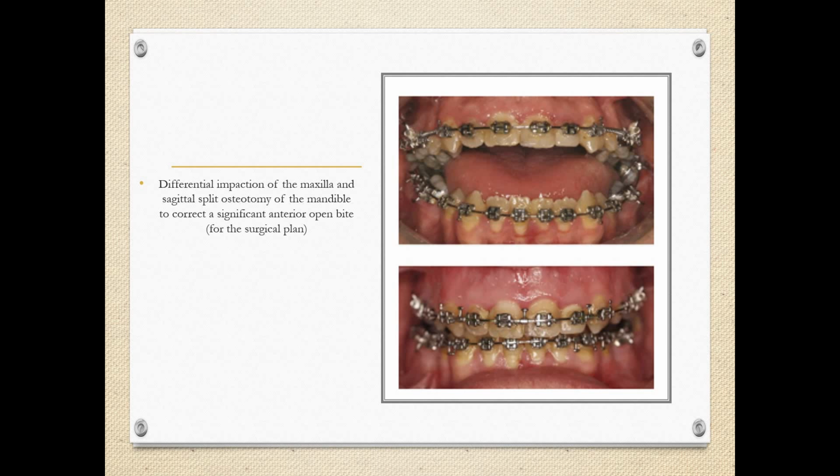Now I want to speak a little about the technological advances in orthognathic surgery. Advances in surgical techniques have improved the predictability of favorable outcomes for patients undergoing orthognathic surgery.